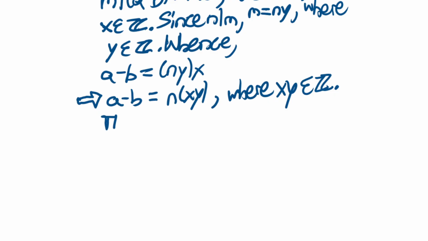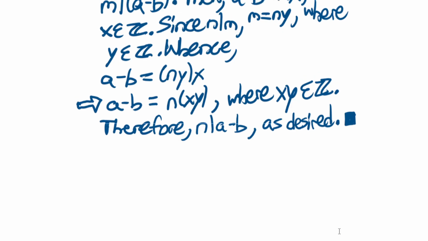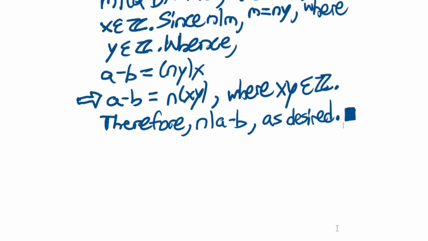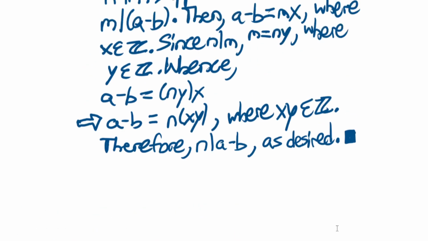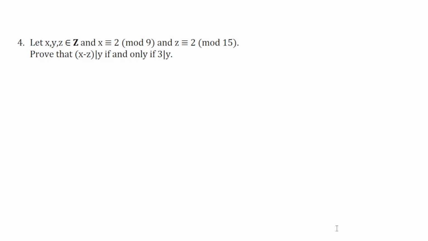So we'll just define them as an integer. So therefore n divides a minus b as desired. So by going through using the properties of congruence of integers and moduli, we were able to prove this statement, or prove this implication.